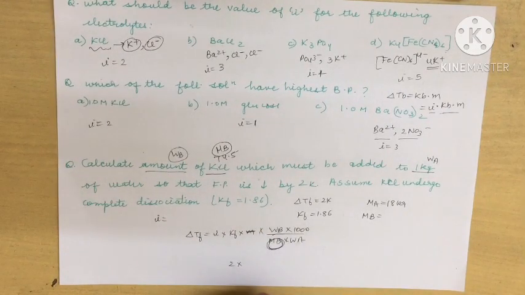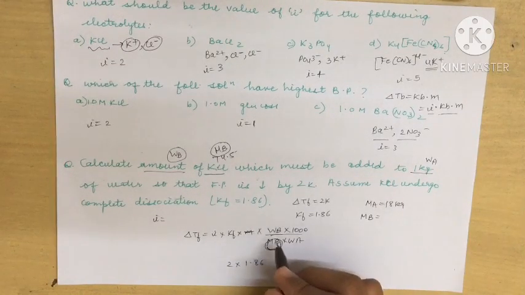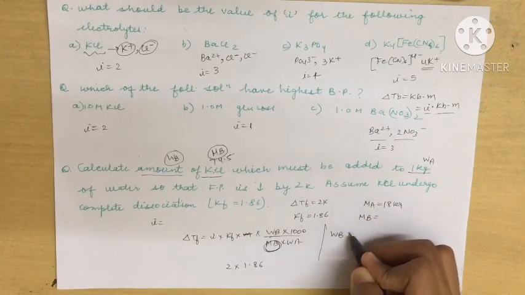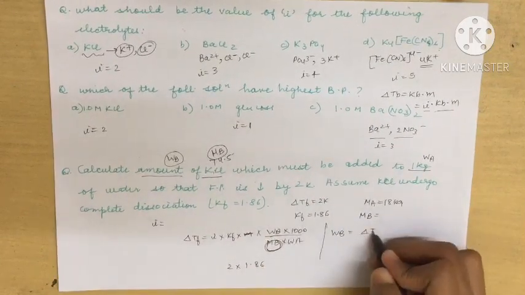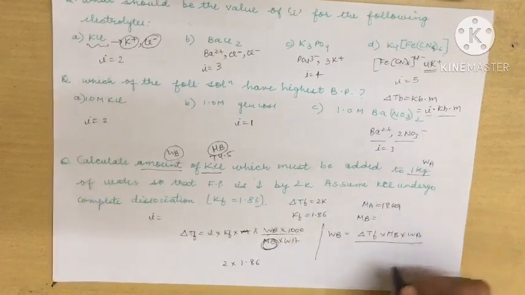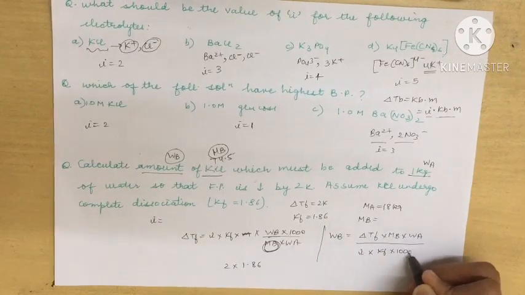Kf is 1.86. We have to calculate WB, so we'll send these things there. Means WB equal to delta Tf multiplied by Mb multiplied by Wa upon i into Kf into 1000.